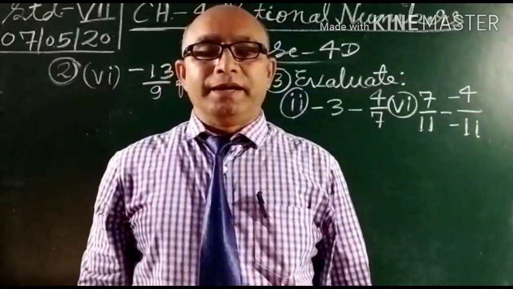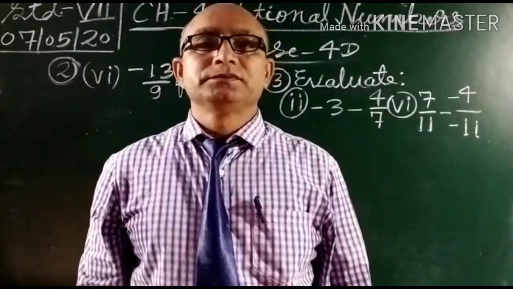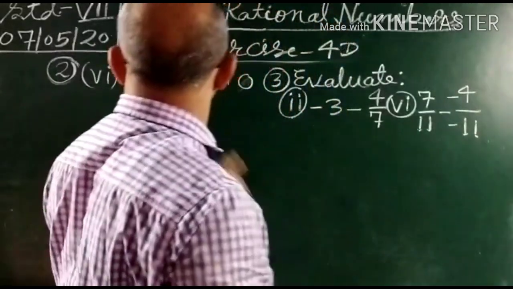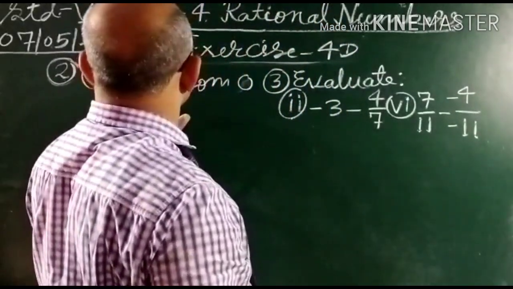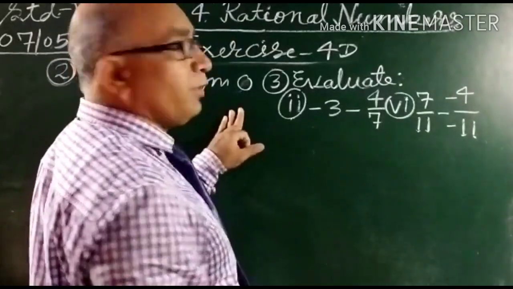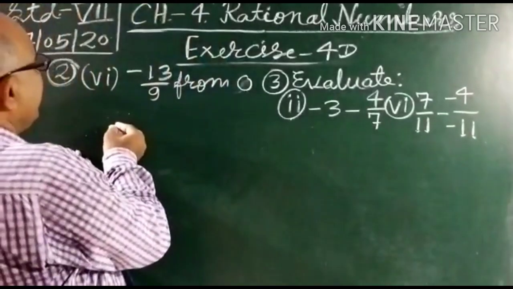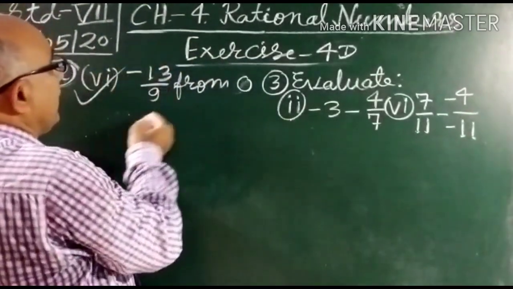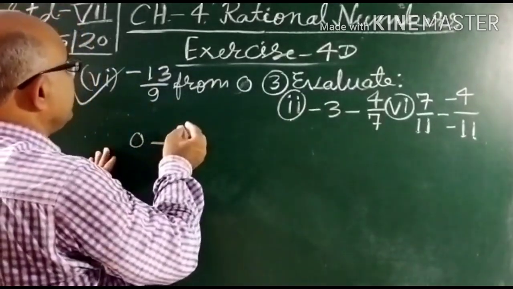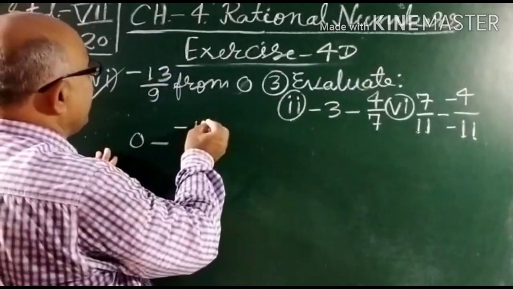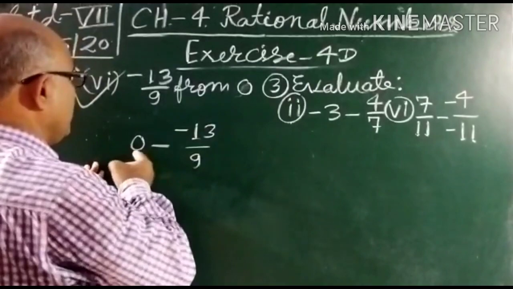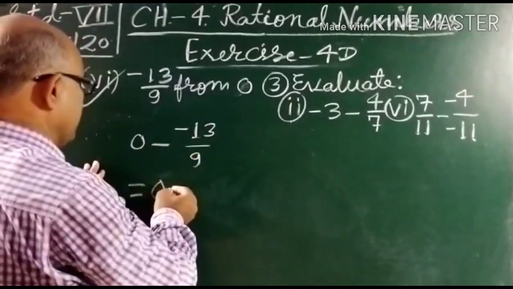Students, write two important questions on this board, question number 2 and 3. In question number 2, subtract minus 13 by 9 from 0. Write 0 minus minus 13 by 9, equal to minus into minus plus.